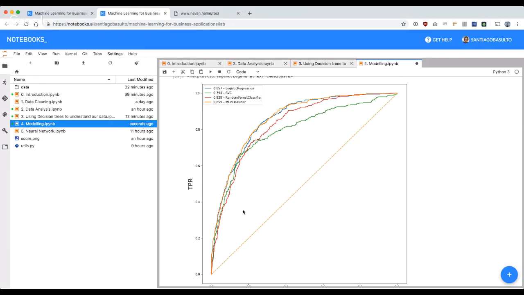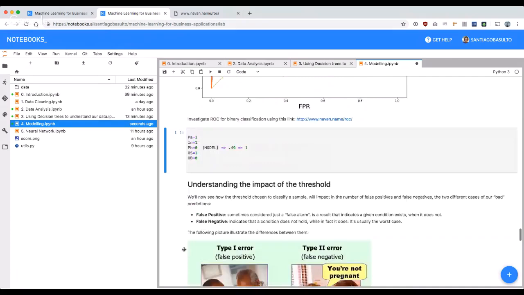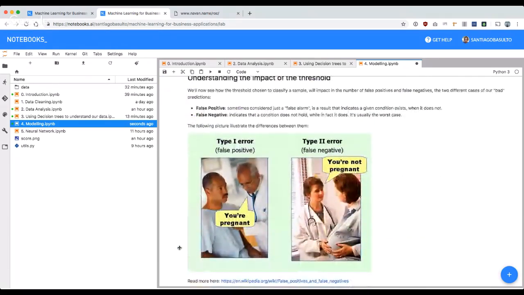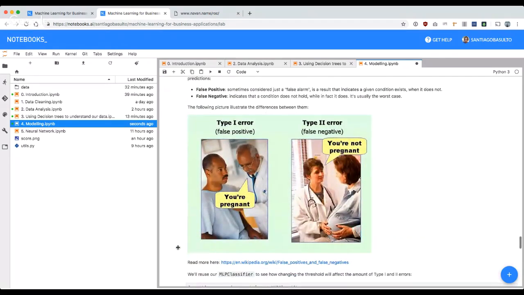A very bad model is going to be sitting straight on this diagonal. But to show you a little bit more intuition about that, we will be talking in detail about this threshold, which is something extremely important, especially in business when you need to make decisions. And it's the following: understanding both types of errors that you can have.